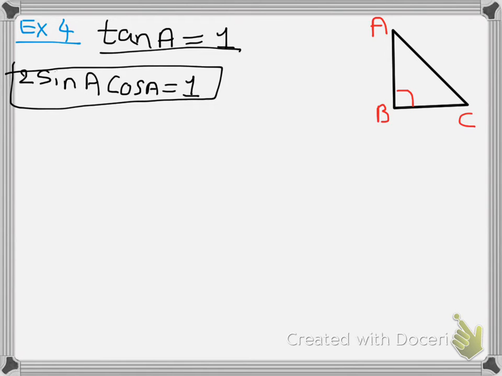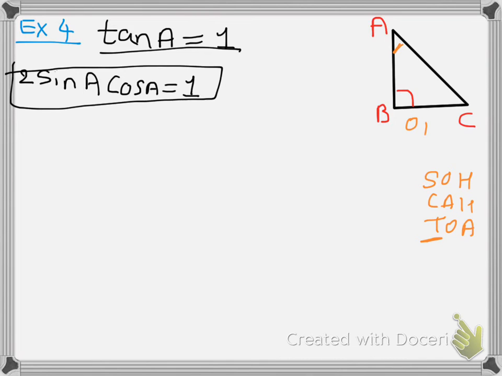So what is tan A? Again, tan A is according to that mnemonic that we are using, and in that tan is opposite over adjacent, right? What's the opposite side?